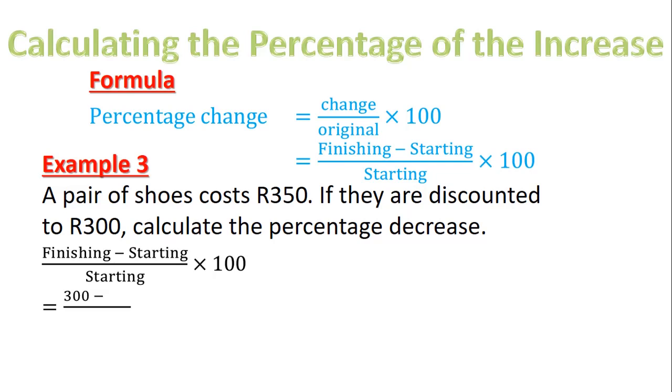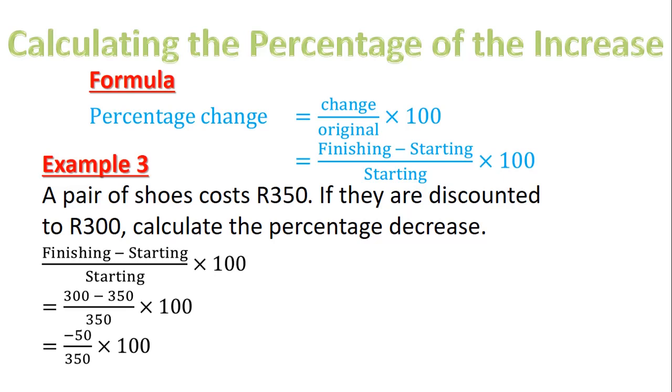Well, the pair of shoes cost 350, and so we subtract 350 over our starting amount, which we've just worked out, is 350. And we times all of that by 100. Now that equals 300 minus 350 is minus 50 over 350 times by 100.